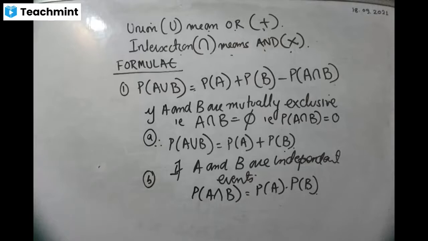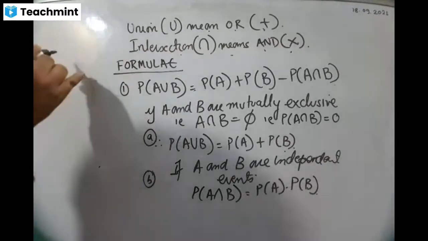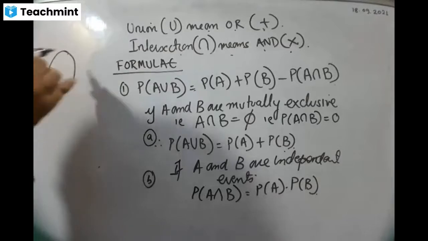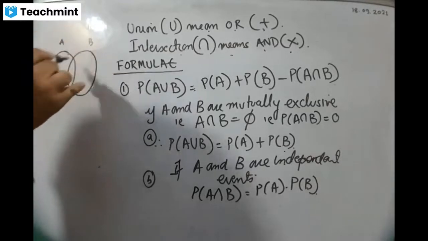So once again, this is the main formula. Union you have already learned in sets. I'll explain for those who were not there when I was doing sets. Suppose this is a set A and this is a set B. There's something common, that's why they are overlapping each other.